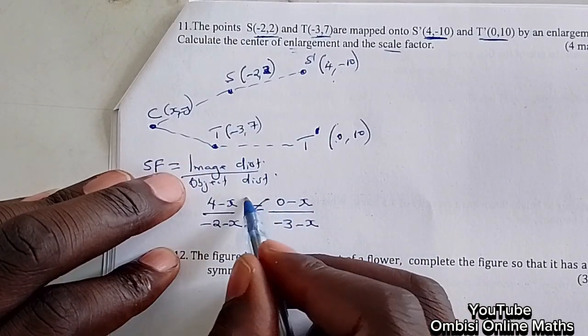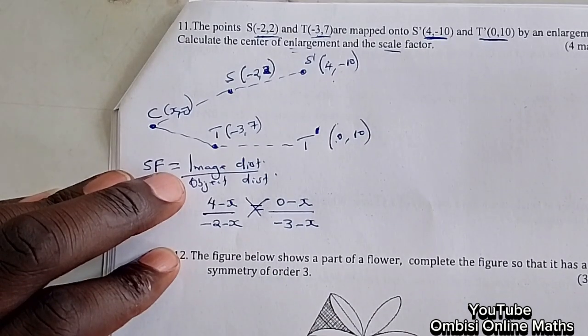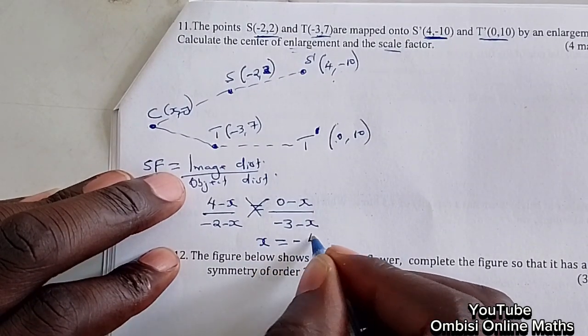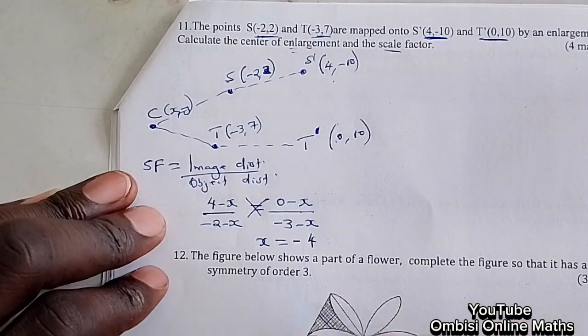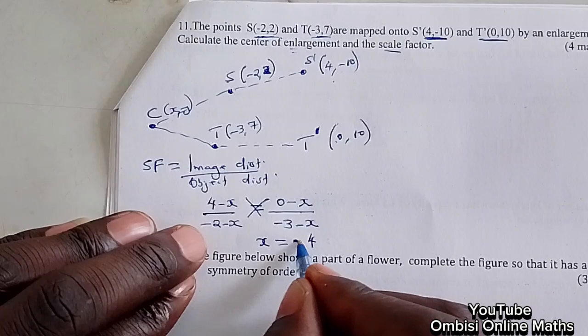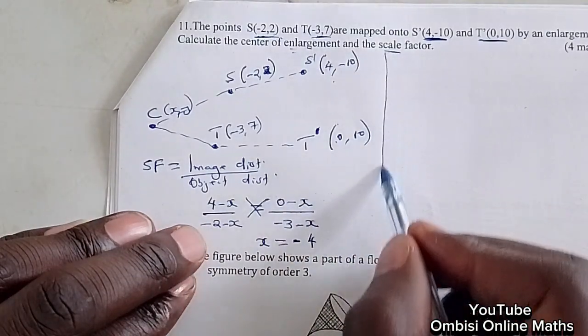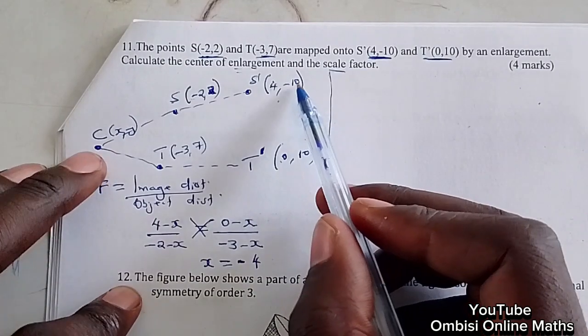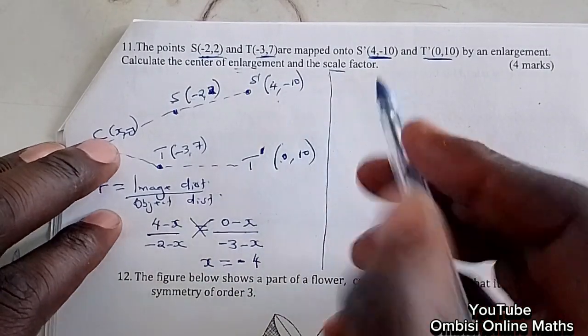So if you cross multiply this one, then you solve, you'll find that the value of x is equivalent to -4. This one can be solved on the sidelines or at that particular place, and you find your value of x is -4.